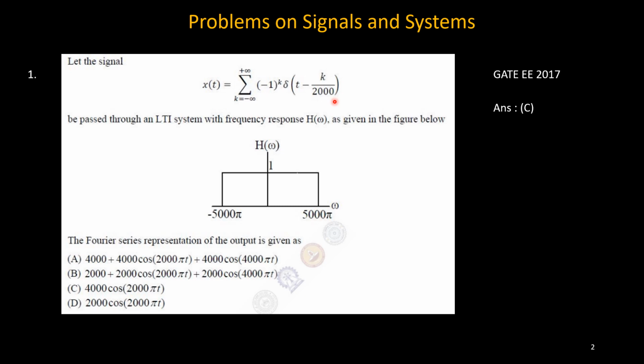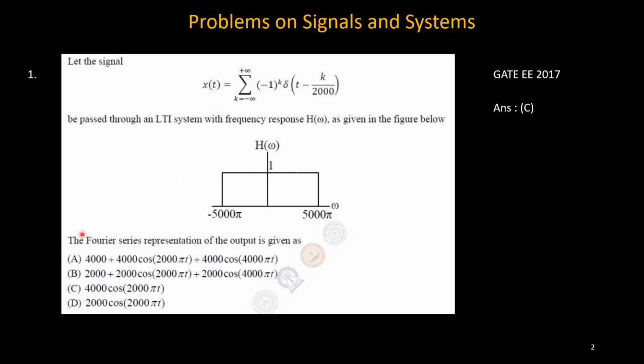Okay, so this is one periodic signal, right? This periodic signal is now passed through an LTI system with frequency response H(ω), which is flat between -500π and +500π.